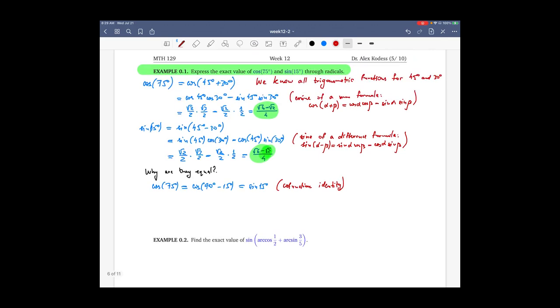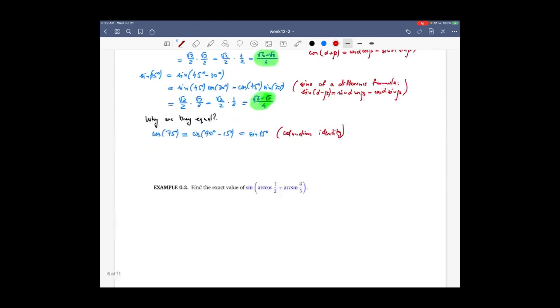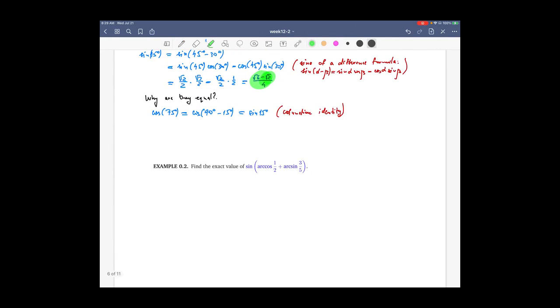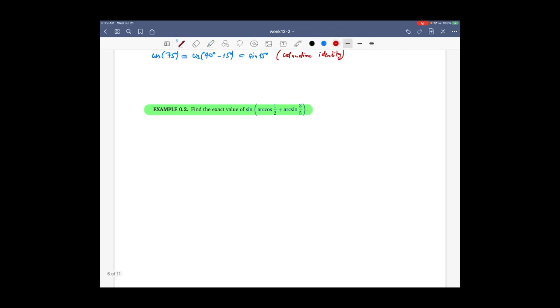So this example is over, and let's look at a more interesting example, where we need to compute sine of arcsine of 1/2 plus arcsine of 3/5. Well, first of all, we apply the sine of a sum formula.